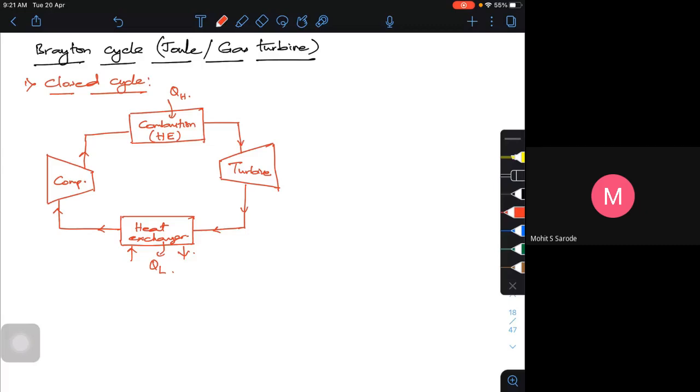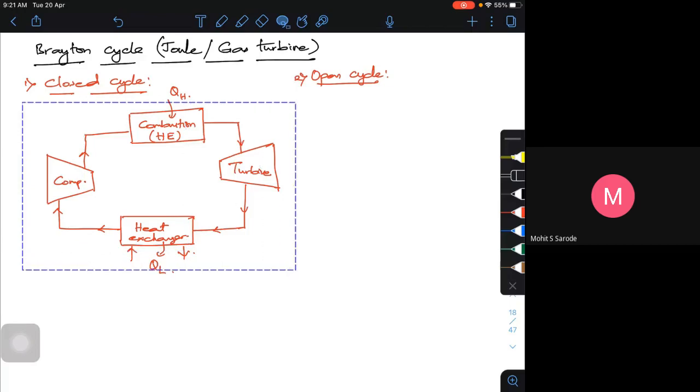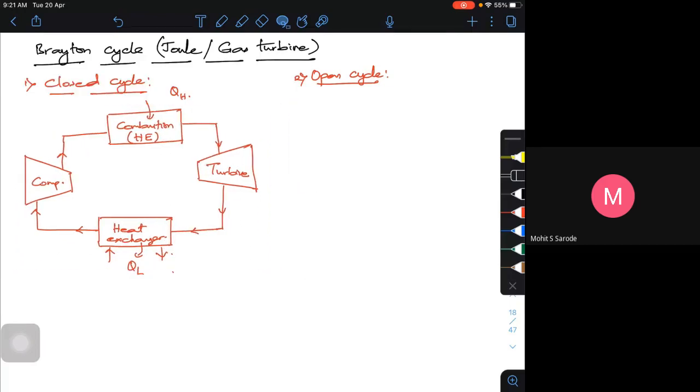Now if I try to use an open cycle, what will happen? I'll be having a compressor here.